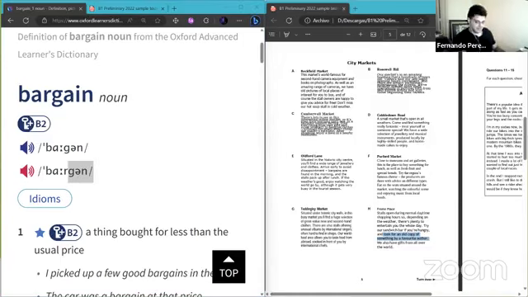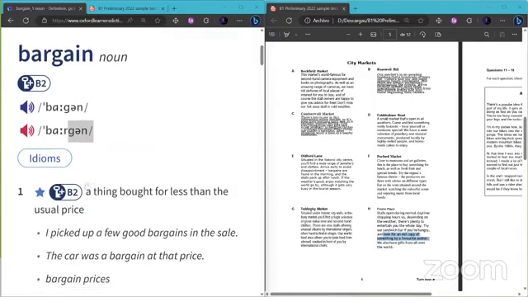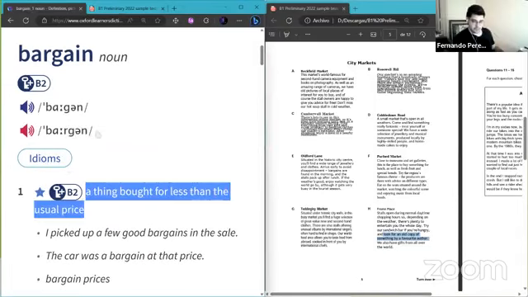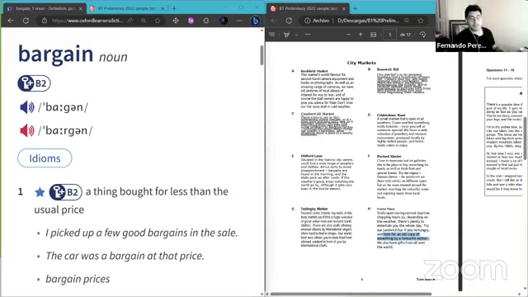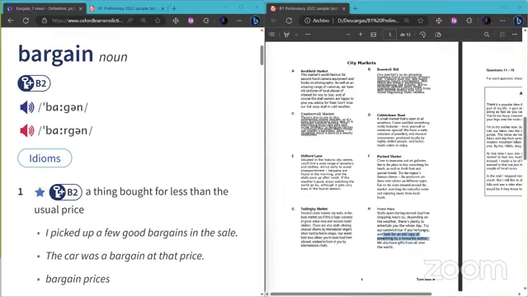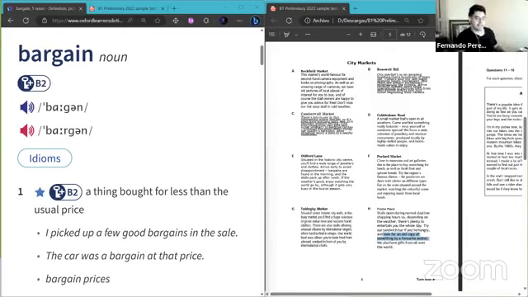Exactly. Bargain. Look at this definition. But be careful, the stress is in the first syllable. It's bargain. Excellent, much better. Bargain.